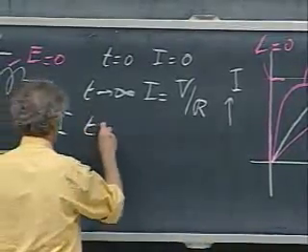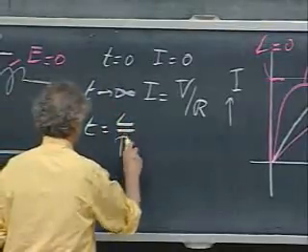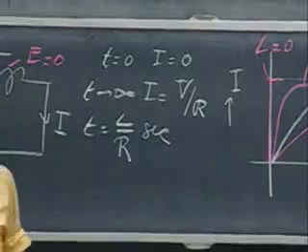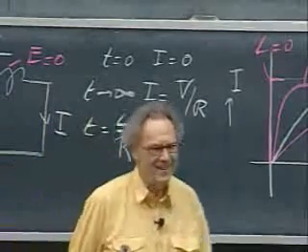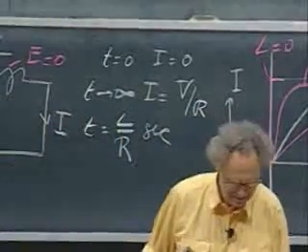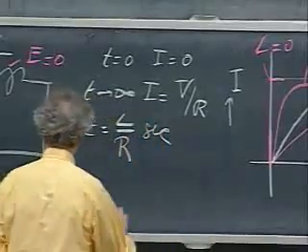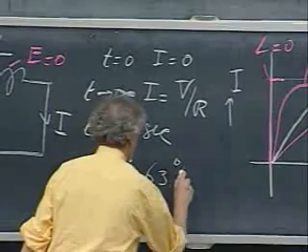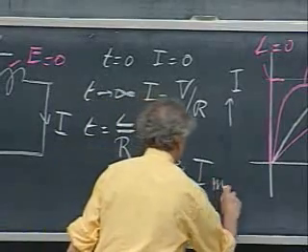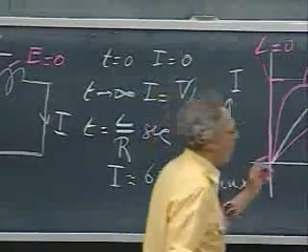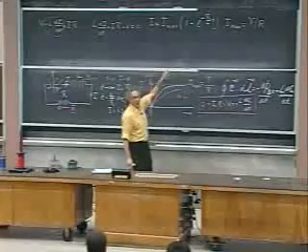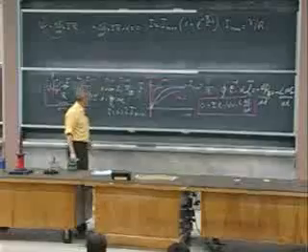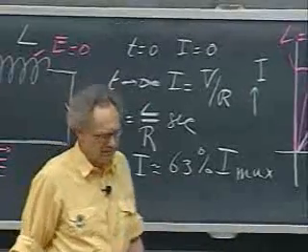If you wait L over R seconds, and believe it or not, if you have some time, convince yourself that L over R indeed as a unit is seconds, then the current I is about 63% of I max. Because if t is L over R, then you get 1 minus 1 divided by e, and that is about 0.63.